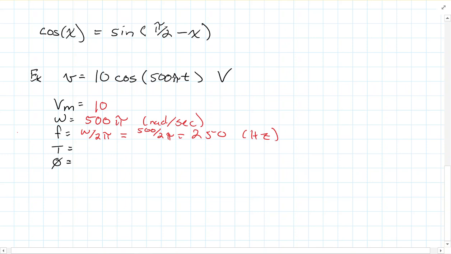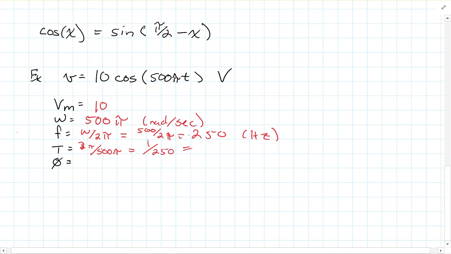And then the period, well, that's 1 over 500 pi. I'm sorry, I'm doing it completely wrong here. Got myself a little mixed up. This would be 2 pi over 500 pi. Or remember, once you have the frequency, you can just do 1 over 250.